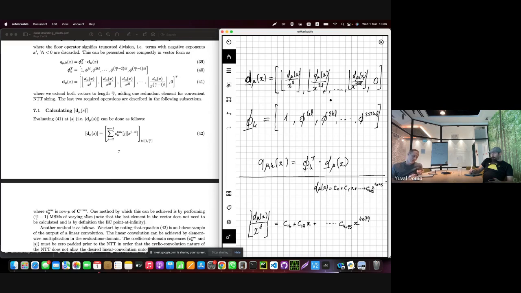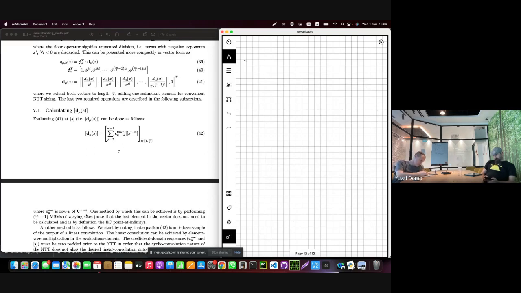Now, if I sample each one of these floored polynomials at the secret point, you can see that it's equivalent to doing the following, and let me draw it as a matrix. Let's say I had C0 to C4095. I hope you're debugging me as we go along.